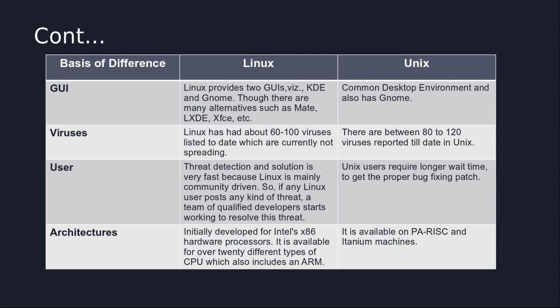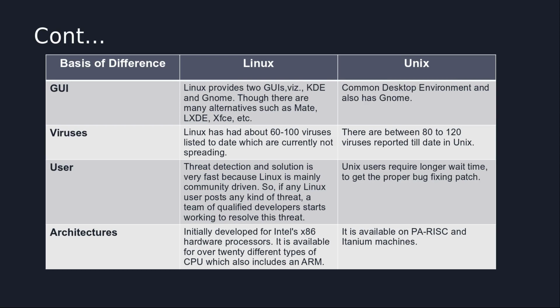So if there's any type of threat from a user, the team of qualified developers would get on it. They would try to resolve the issue as best as they can. They would resolve the threat. Whereas Unix users would require a longer wait to get the proper bug fixing patch. So it's going to take a little longer.